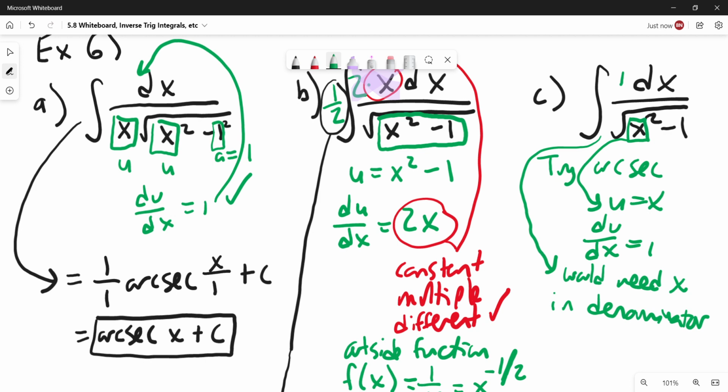Your other option would be, again, we already tried making the entire denominator u. That u prime is insane. There's no way you're pulling that out of a hat from starting with a 1 in the numerator. If you made what's under the square root equal to your u, x squared minus 1, your u prime would be 2x. Again, 2x is not a constant multiple compared to 1. There's no way you could just pull that extra x out of thin air.